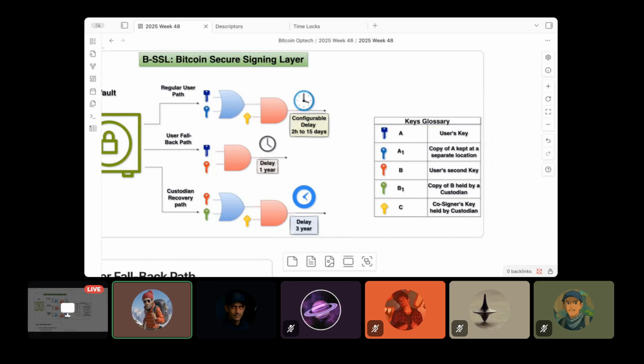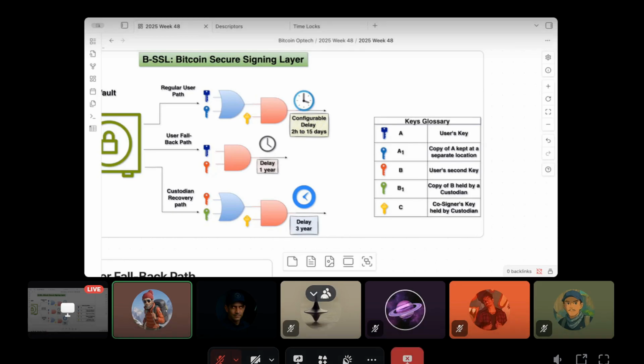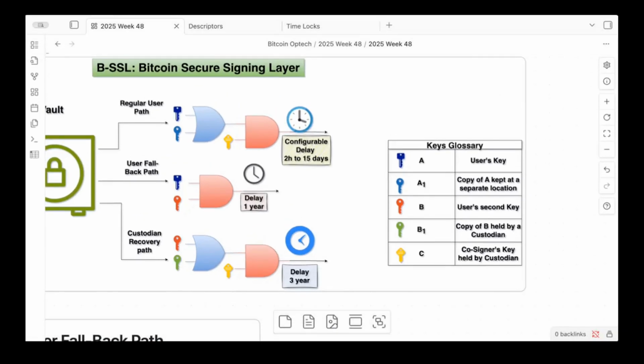All these or and and conditions are realized using PSBTs. The user just composes the transaction, uses his own keys to sign it, and sends the PSBT to the custodian. The custodian will use his own key to countersign the PSBT, complete the transaction and send it back.